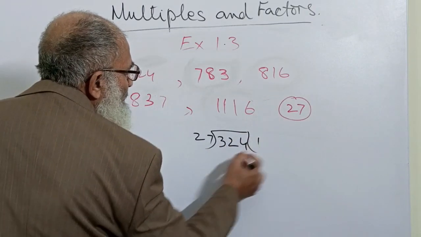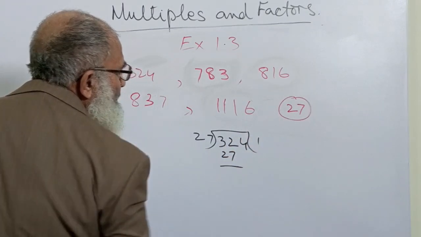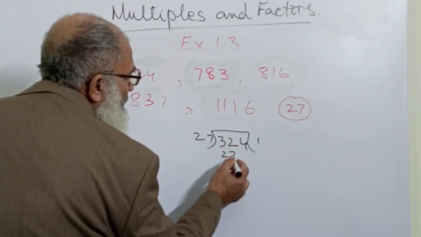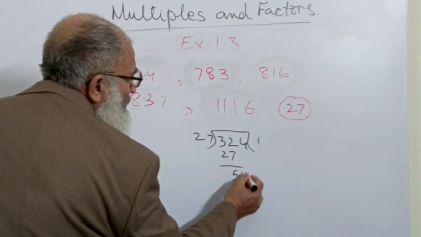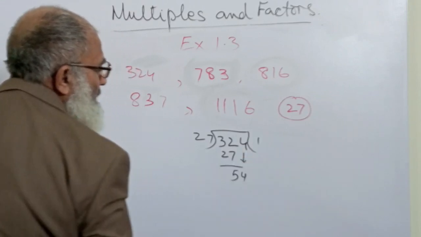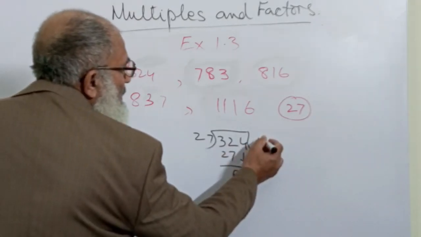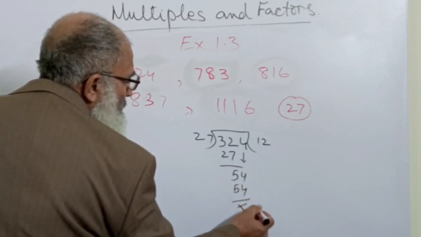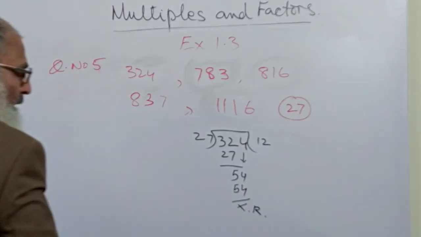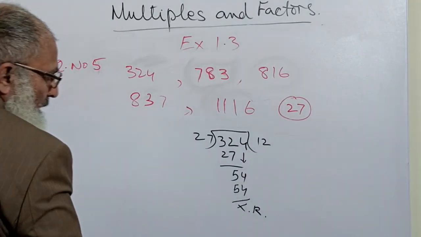So what will happen? 27, 5 comes over here and 4 comes over here from this side. 2, 54. So you see that no remainder has been left.